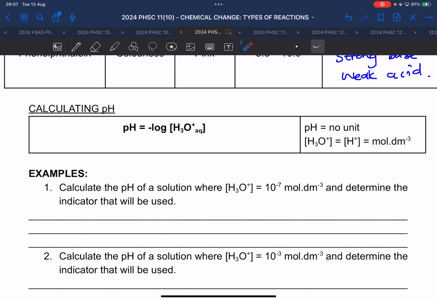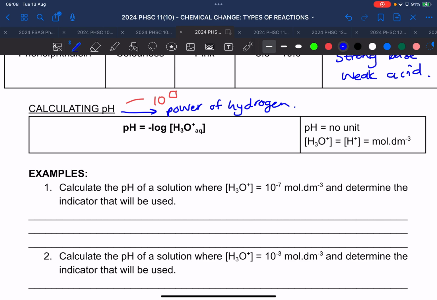If you press shift log, you get 10 to the power of whatever. So that is literally what pH stands for. pH stands for the power of hydrogen. So 10 to the power of whatever hydrogen's concentration is.